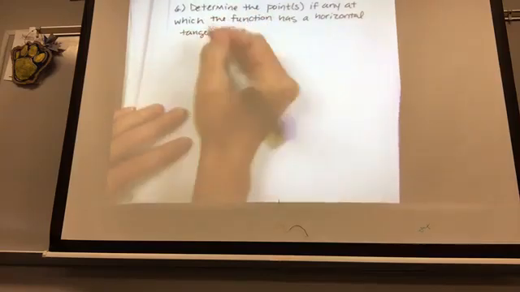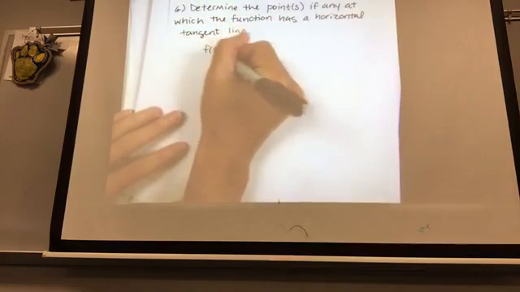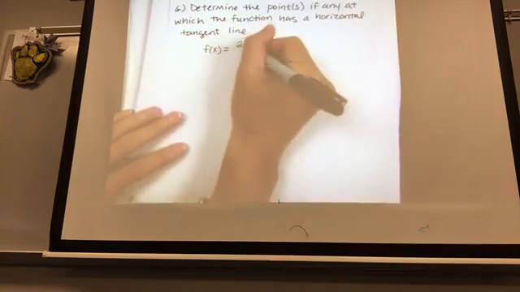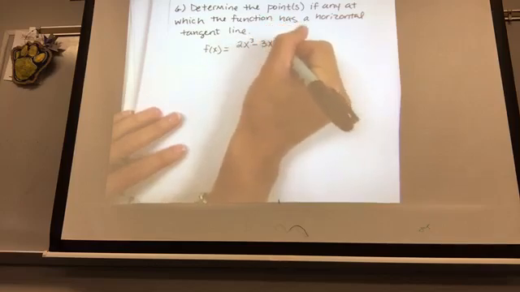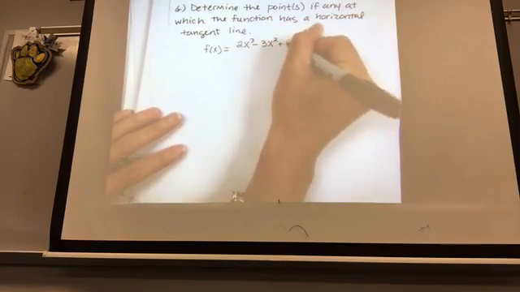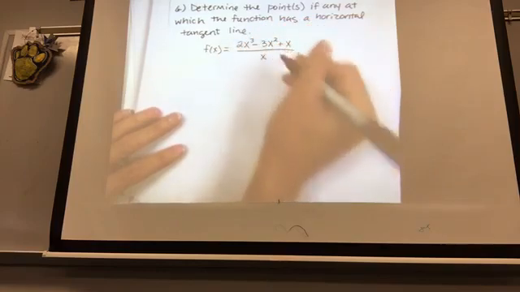And my function is f of x equals 2x cubed minus 3x squared plus x, all divided by x.